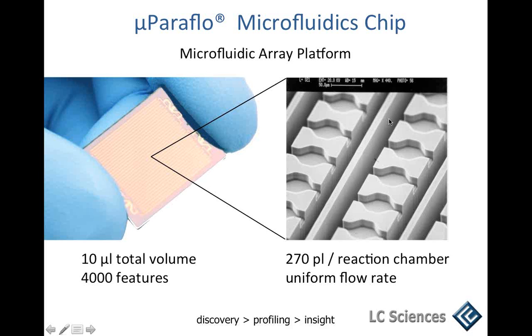The liquid gets pushed through at a uniform flow rate so that the reaction chambers are all flooded. As I mentioned, this is the smaller chip. We also have a larger one that has up to 30,000 features, but typically for the average epitope mapping project, the 4,000 different peptides are plenty.